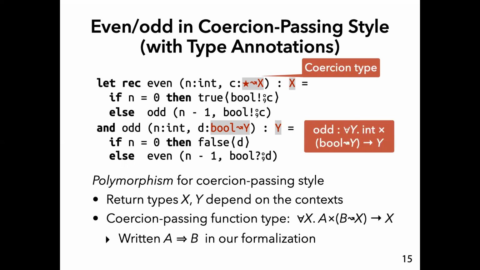We need such polymorphism for functions in coercion-passing style. In general, functions in coercion-passing style have this form of polymorphic type. It is written A-B in our formalization.